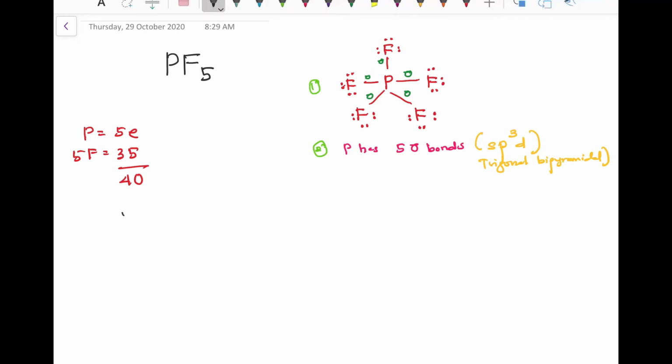So we have the phosphorus ground state. Phosphorus comes from period 3 and it has 5 valence electrons in 3s and 3p.